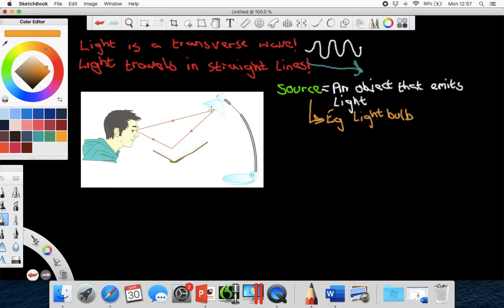So on our diagram here, we've got our source, which is the lamp. So this is our source, and it's producing light, it's emitting light. Just for your reference, the word emit means to release or to generate. So we can just add underneath here, emit means to release or generate.